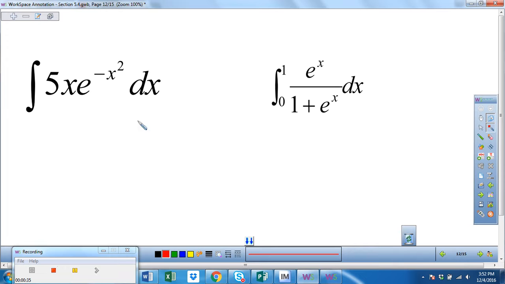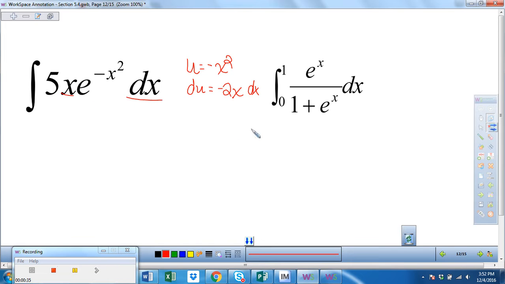Okay, so again, I'm going to use the u substitution. If I let u equal negative x squared, then du is equal to negative 2x dx. I have x dx in my original problem.